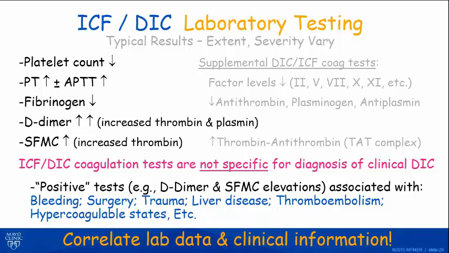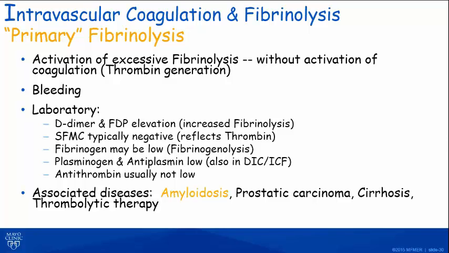But these tests aren't specific for DIC, and you have to make a correlation with what's going on to diagnose DIC. They're supportive of the diagnosis but not defining, and we still don't have good probability algorithms for identifying probability of DIC. That's still mostly based on the laboratory results.